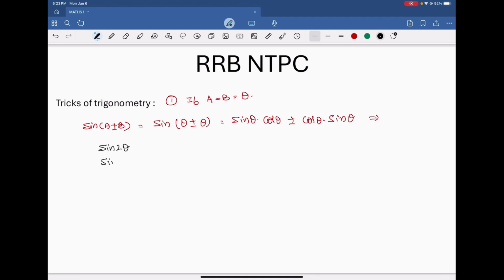These two values will be given. Sin theta minus theta is equal to sin 0. Sin 2 theta is equal to sin theta cos theta plus cos theta sin theta, that is equal to 2 sin theta cos theta.